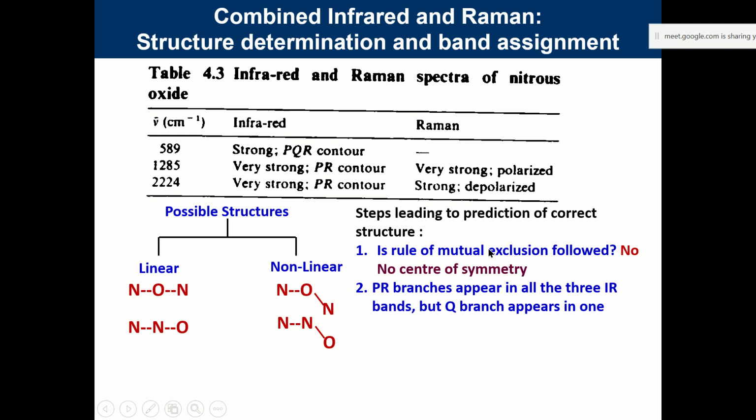So the molecule is linear. It does not have a Q branch in the parallel vibrations. The molecule has no center of symmetry, and when there is no Q branch appearing in one of the parallel vibrations, you can clearly say that the molecule is linear.